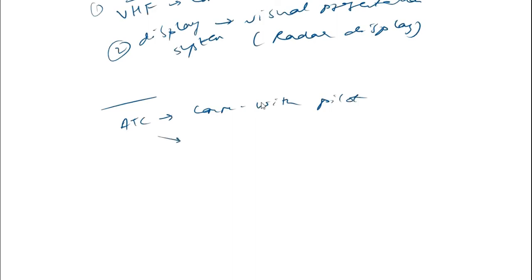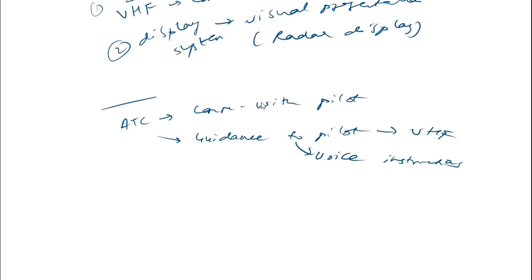ATC gives guidance to the pilot over the VHF, giving voice instructions, and the pilot would accordingly navigate or control the aircraft based on the instructions of ATC.